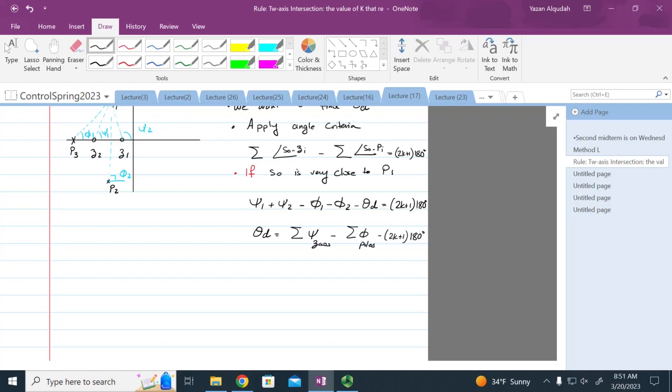Okay. We can do the same thing for the angle of arrival. So this is our angle of departure. We can do angle of arrival. And the angle of arrival is going to be the summation of phi I minus the summation of psi I plus 2k plus 1 multiplied by 180 degrees.